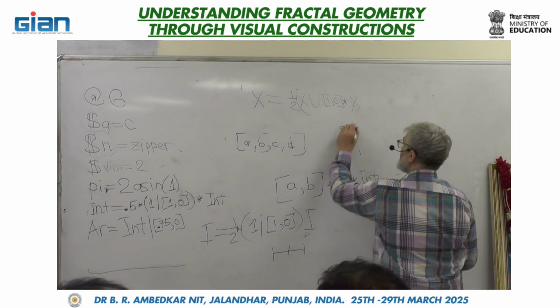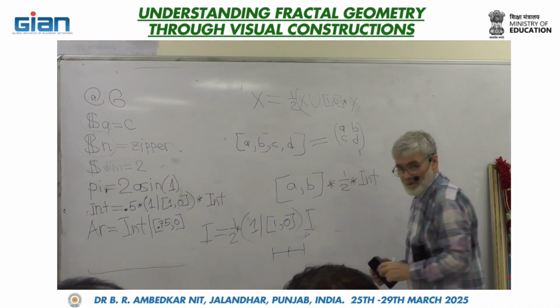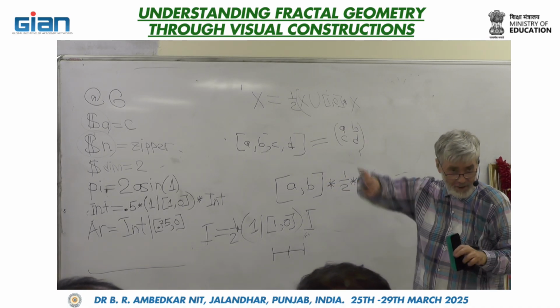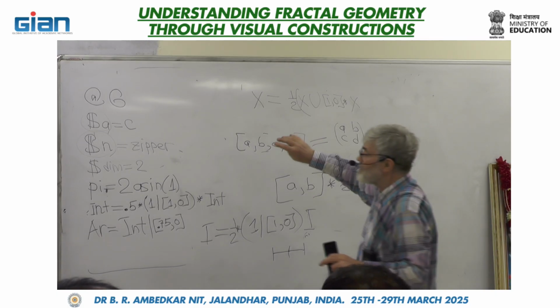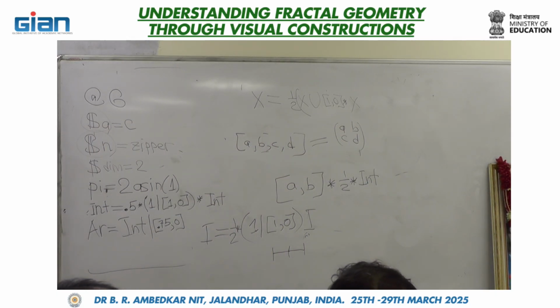So A, B, C, D. So this is an affine map. And here you see 1, minus 1 half, 1 half, 1. Sorry, how to erase this thing? Okay.